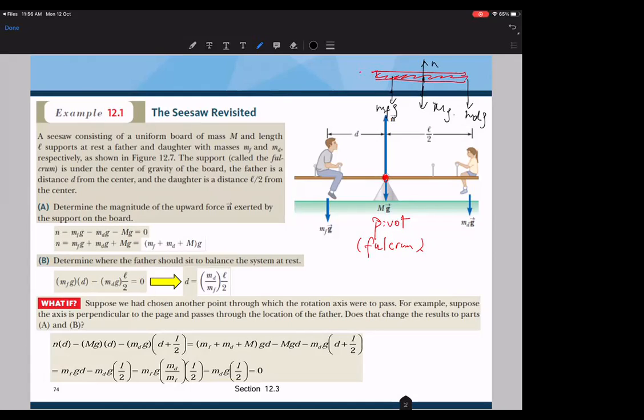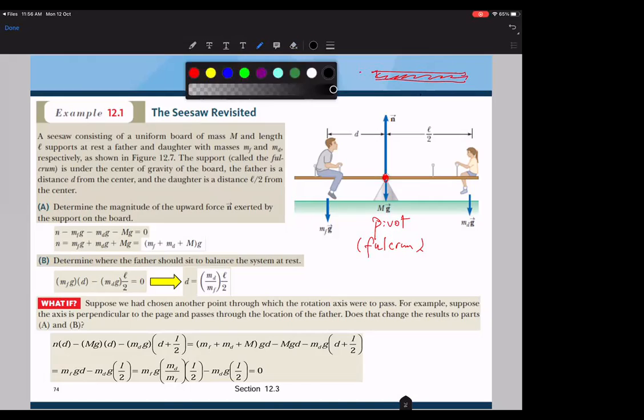So you first try to pick a point where it is easiest to calculate the torque. And here, let us pick a point right underneath the center of mass of the board, and that is the fulcrum. So we consider the rotation at the fulcrum.